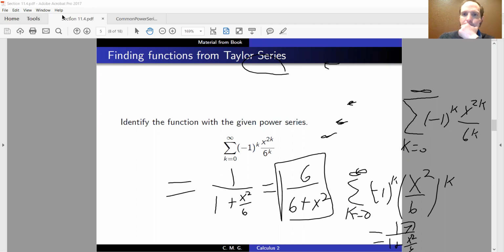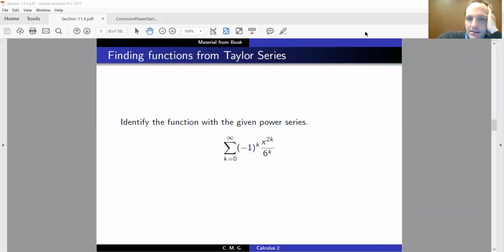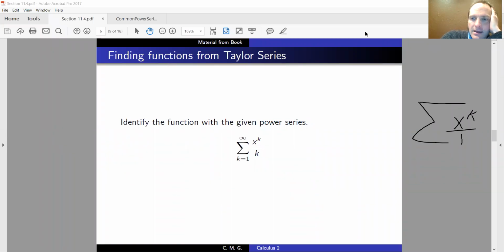Okay. It takes a little bit of practice and a little bit of experience to spot which of these things am I supposed to have, what am I supposed to take, and then you can go from there. So let me give you another one. I'm going to have the sum of x to the k over k, with k equals 1 to infinity.